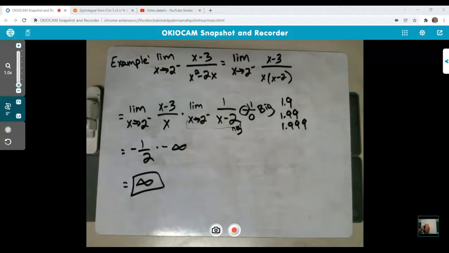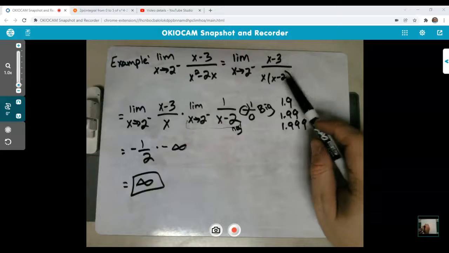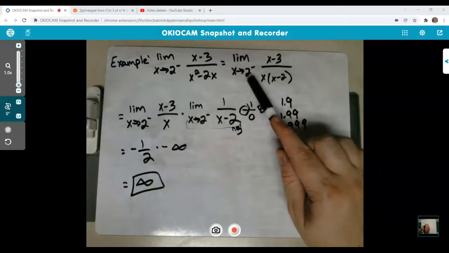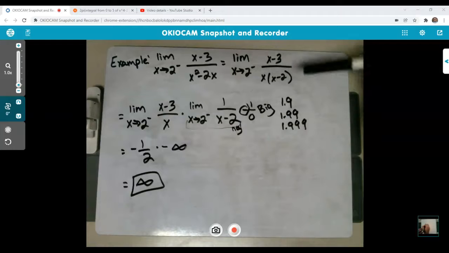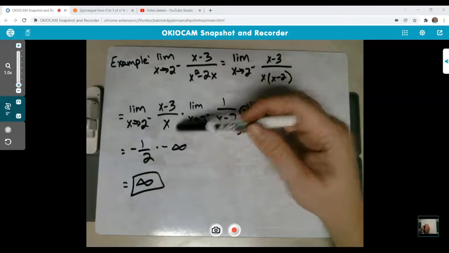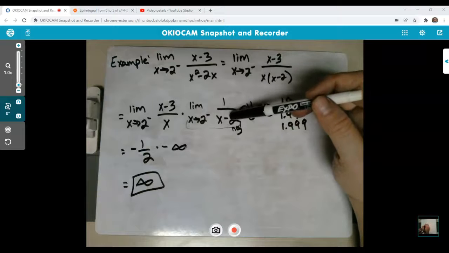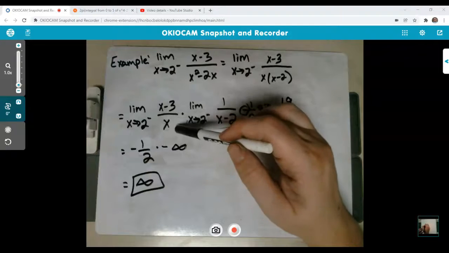So just to recap what I did there, we needed to split up the factor that's making it to where I can't plug in again a 2, right, which would be this one. So I split it up, x minus 3 over x, and then 1 over x minus 2. I could do that one, so just plug in 2 there.